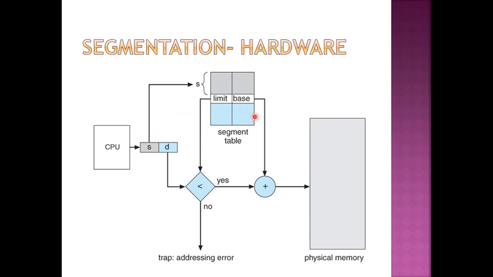There I have a page table, here I have a segment table. Both are doing the same functionality, converting the logical address to the physical address. But the major difference is that segmentation supports the user view, whereas paging does not support the user view.